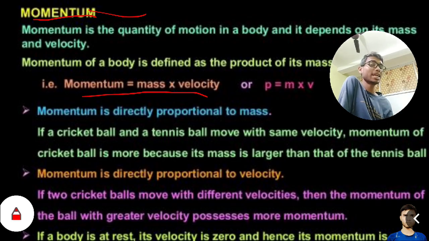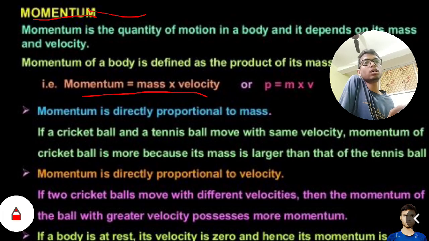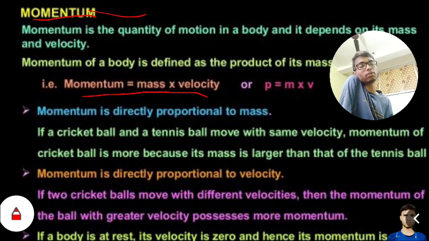Here we are considering velocity as equal. If velocity is the same for two objects, the one with less mass will have lower momentum. So always remember, if velocity is equal, then momentum is directly proportional to mass.